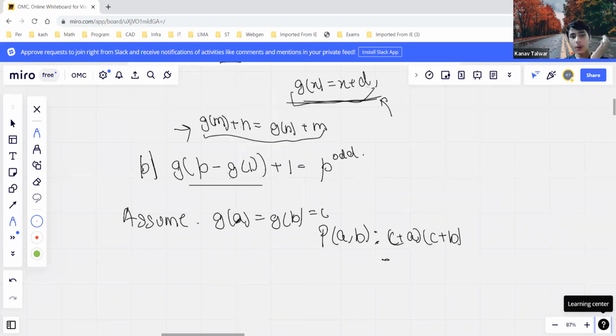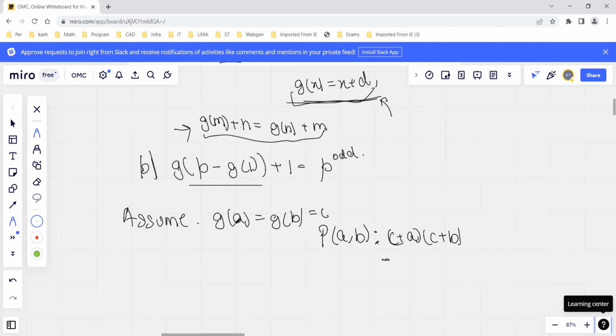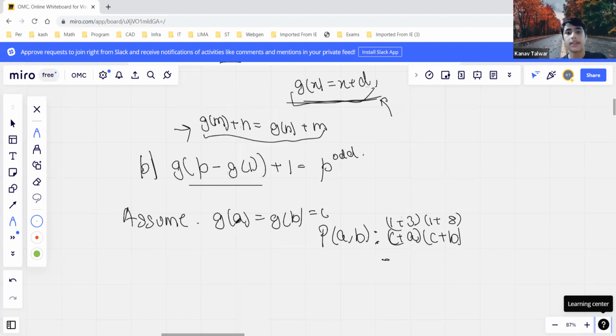What is the first thing you want to prove? c plus a times c plus b will also be a perfect square if a equals b, in any case. Otherwise, this is also a perfect square, right? This is 4 times 9.